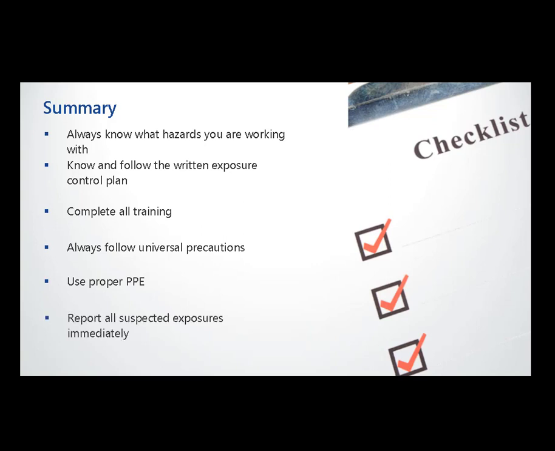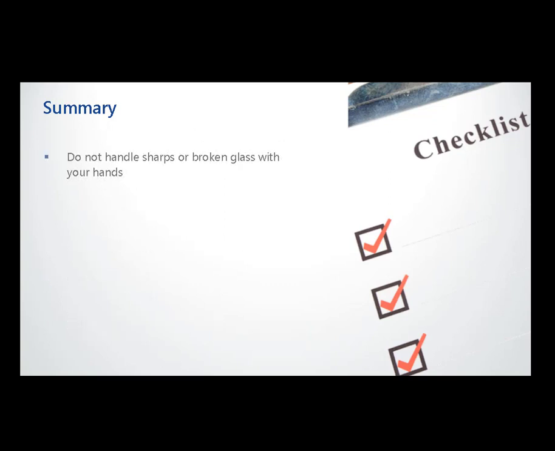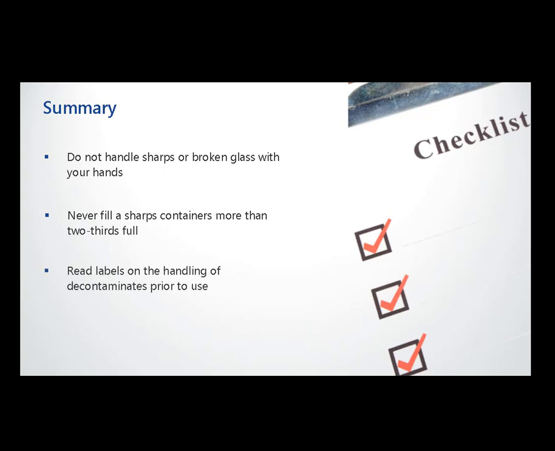Report all suspected exposures immediately. Don't handle sharps or broken glass with your hands. Never fill a sharps container more than 2/3 full. Read labels on the handling of decontaminants prior to use, and properly dispose of contaminated waste, PPE, and sharps containers as regulated waste.